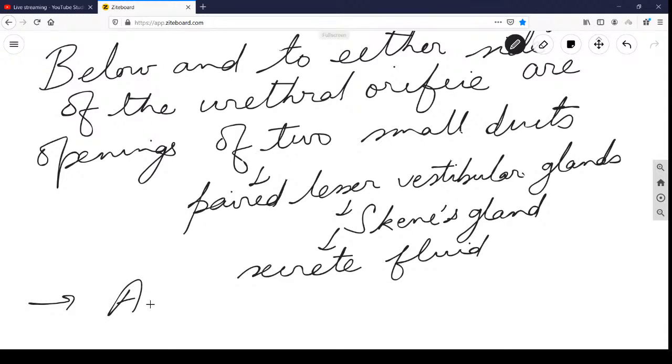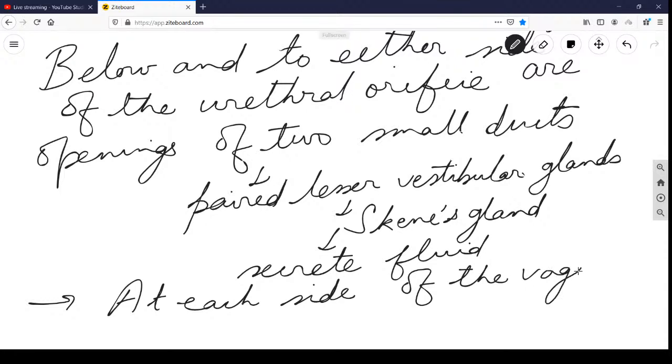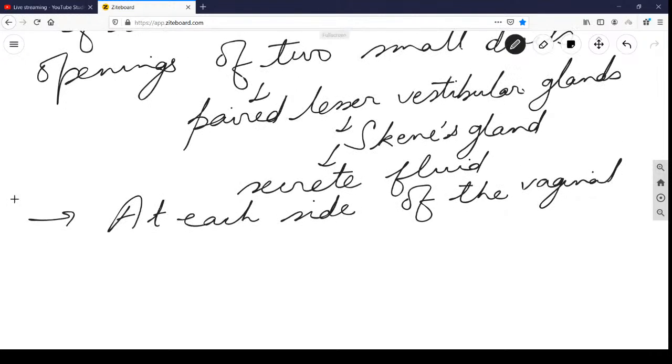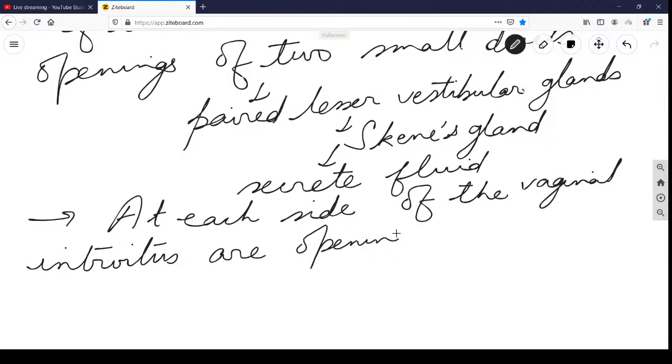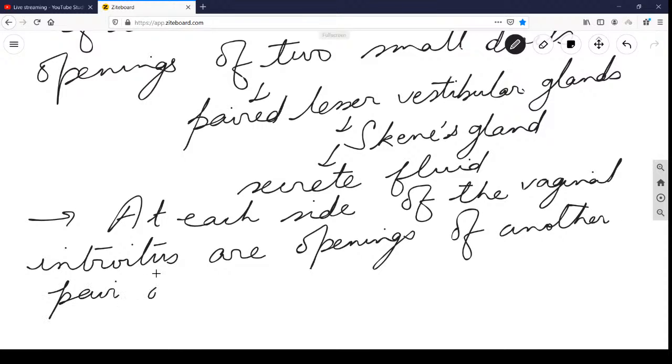So at each side of the vaginal introitus are openings of another pair of glands, which are known as the greater vestibular glands slash Bartholin glands.